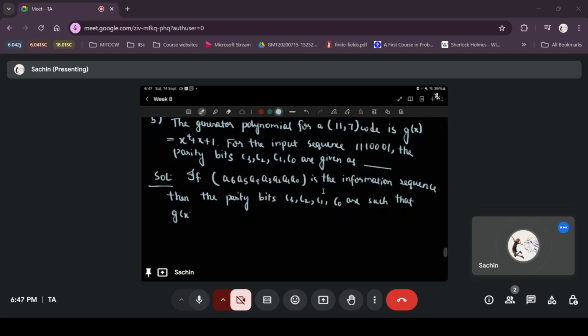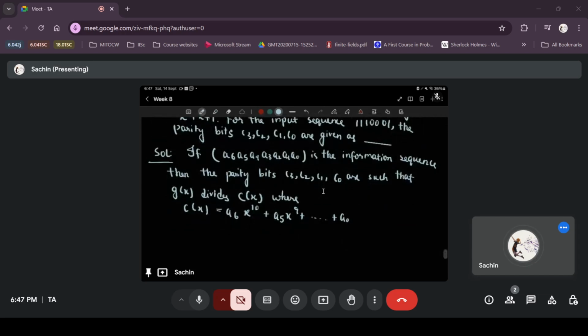g of x divides c of x, where c of x is the polynomial a6 x power 10 plus a5 x power 9 plus etc. a0 x power 4 plus c3 x cube plus c2 x square plus c1 x plus c0.